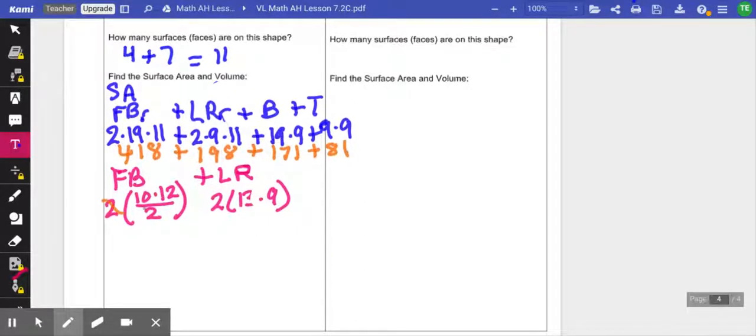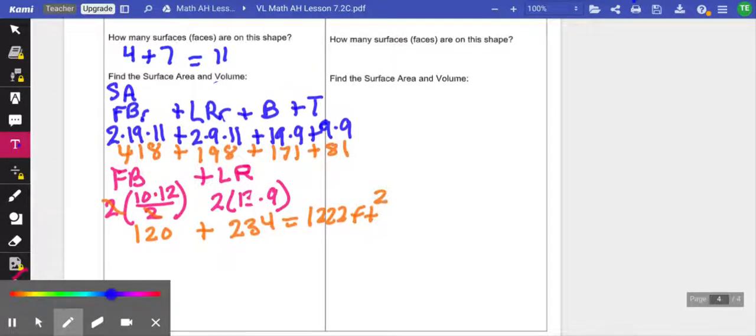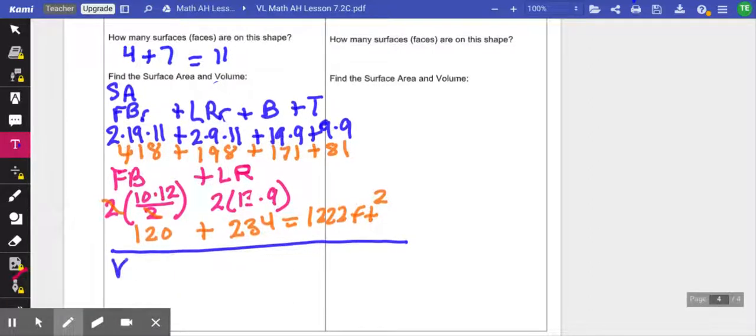Here, these 2's are going to cancel out, so that's 120. And then 2 times 13 times 9, that is 234. Then I got to add up all my numbers, and I get 1,222 feet squared. Now I have to do the volume. So for the volume, I have to find the volume of the rectangular prism.